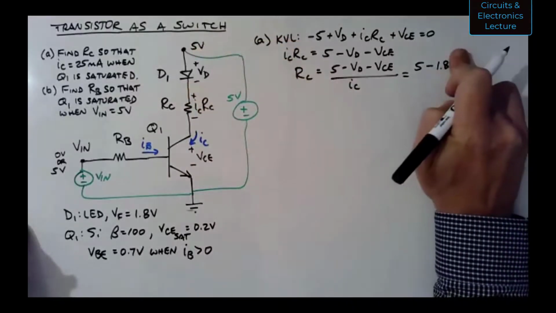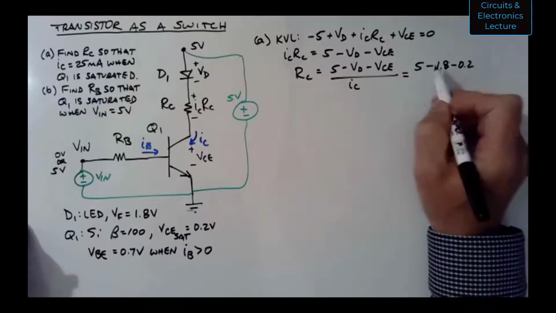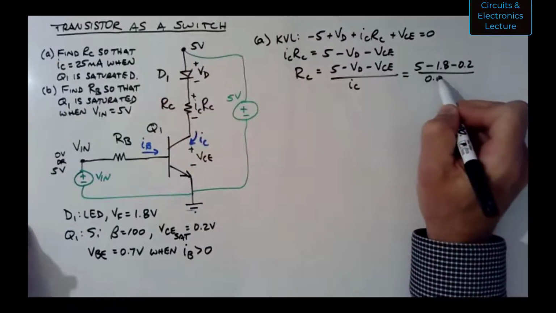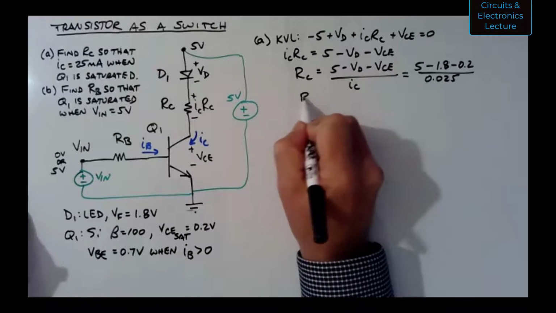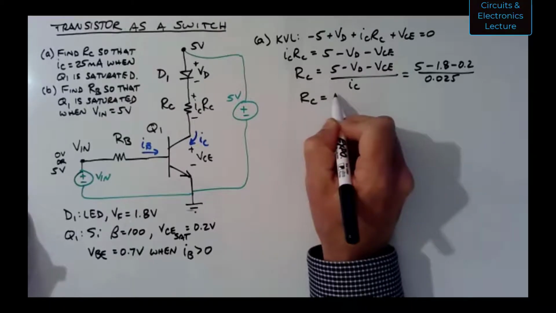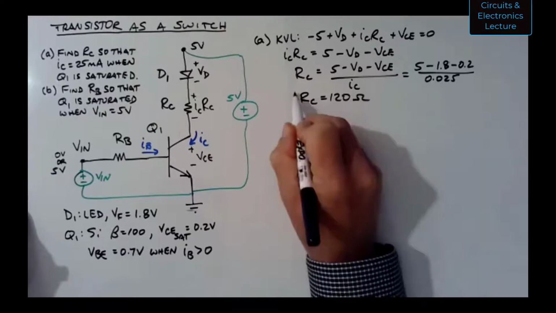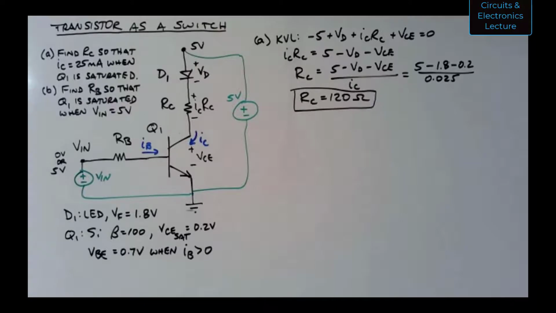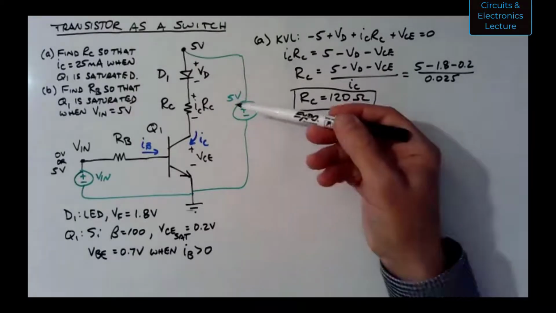So minus 0.2, divided by IC. That's the current that we want, 25 milliamps. So we get RC equals 120 ohms, if you work that out on your calculator. Any questions how I got that answer from the KVL?